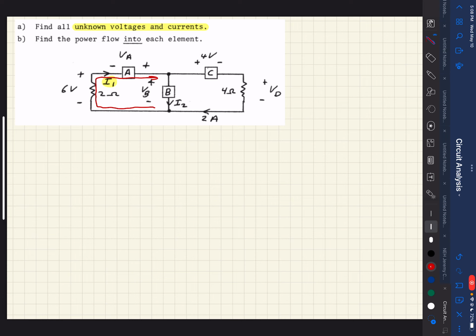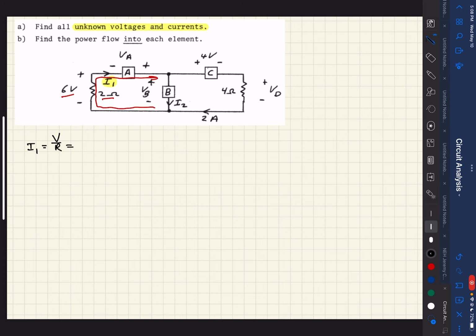So whatever I1 is, it has to be a value that creates a 6-volt drop across a 2-ohm resistor. Well, this is basically just an application of Ohm's law. So we can calculate I1 by just using V over R.